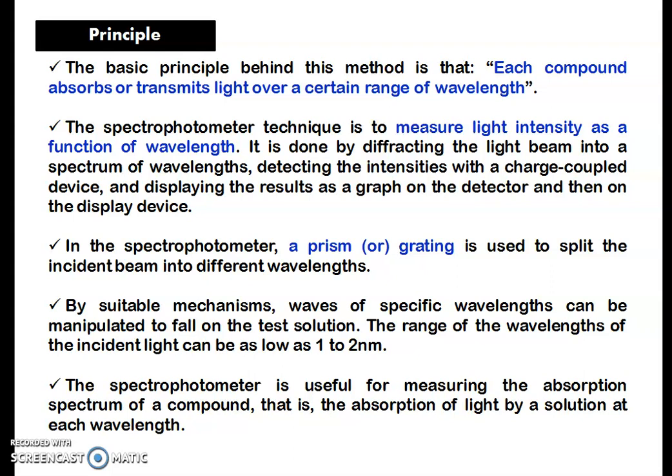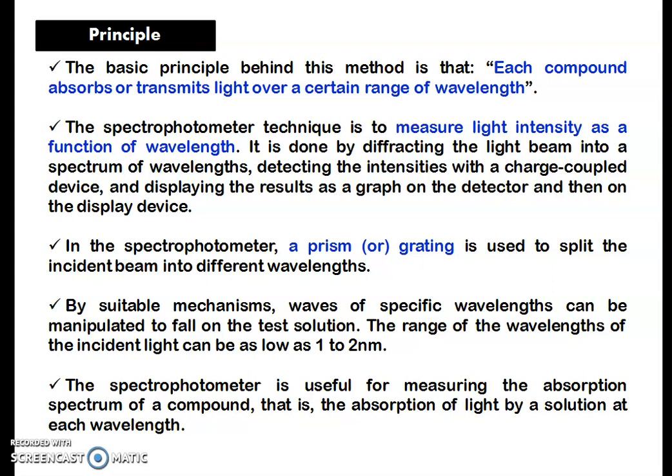It is done by diffracting the light beam into a spectrum of wavelengths, detecting the intensities with a charge-coupled device and displaying the results as a graph on the detector and then on the display device.